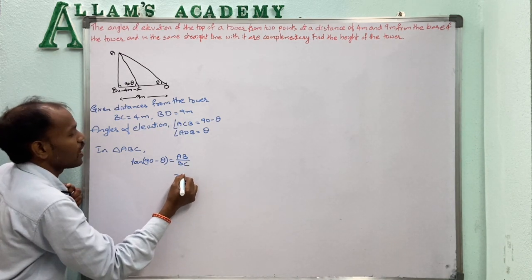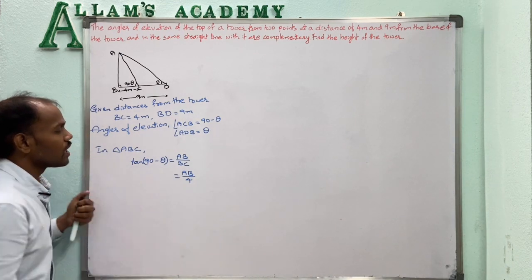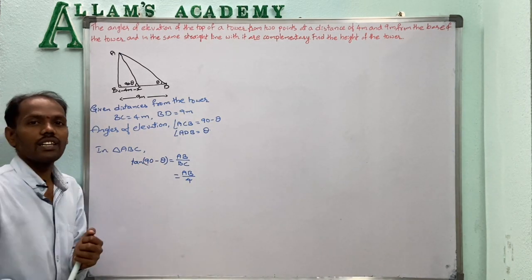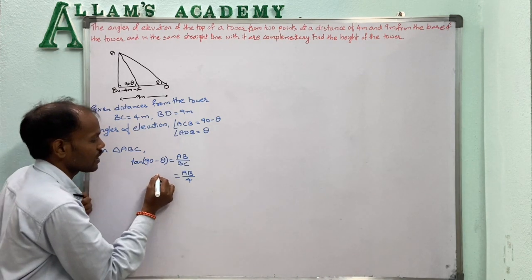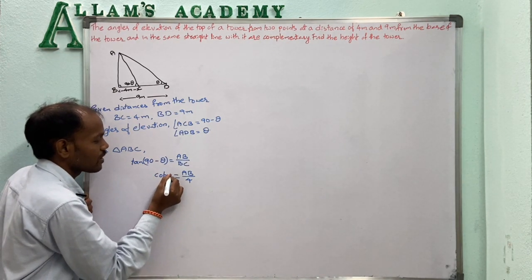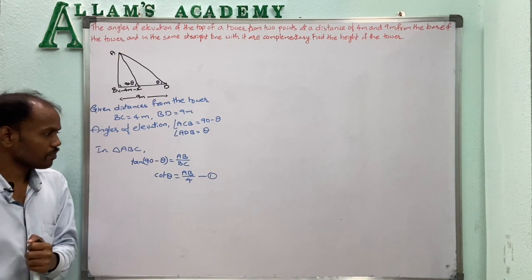AB value we don't know, BC value is 4. We know that tan 90 minus theta is nothing but cot theta. So cot theta equal to AB by 4.